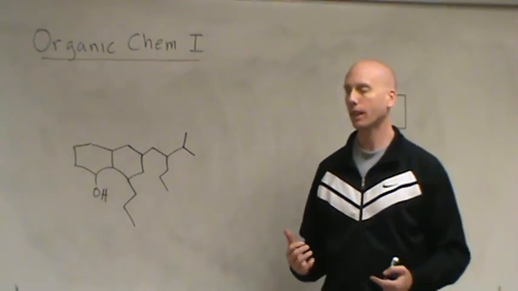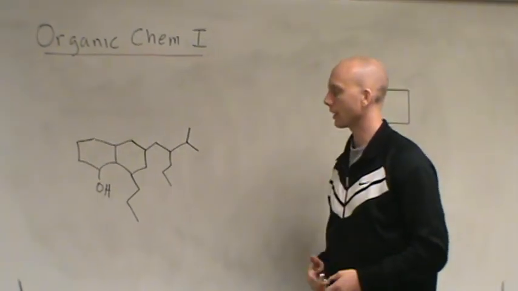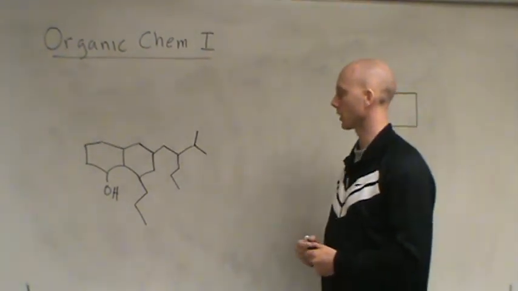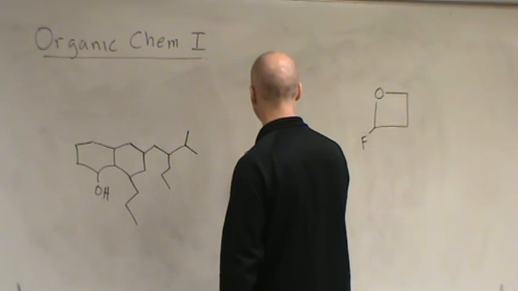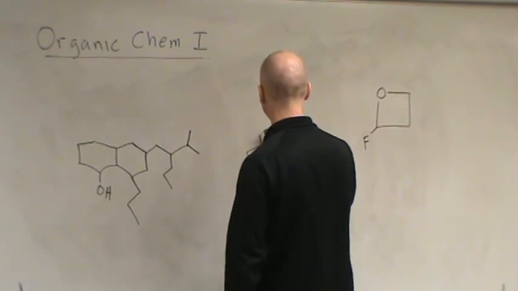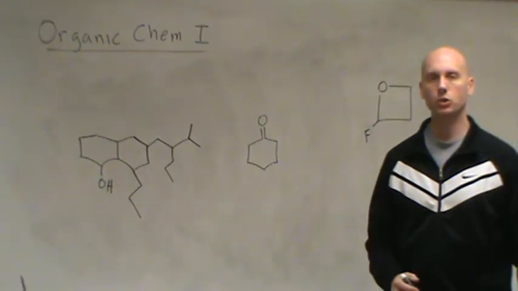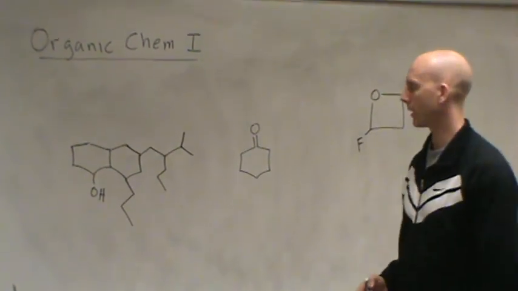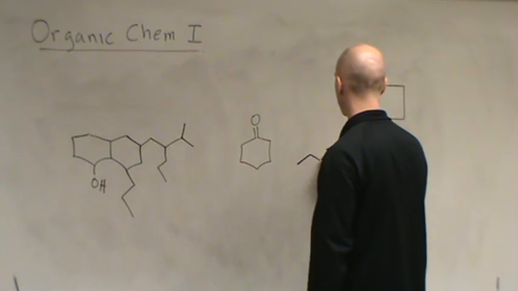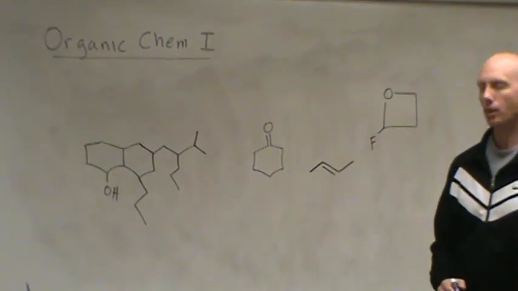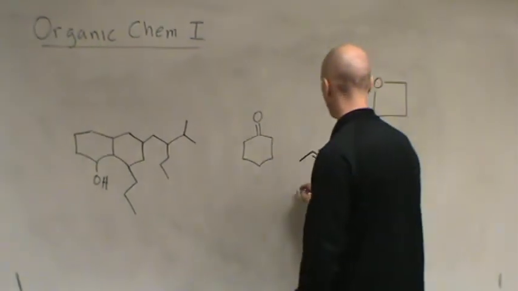Okay? So this is the utility of doing such things. Okay? It makes it a lot easier to draw. You know, even if I have double bonds, I can show those in the molecule. Okay, so you should know what those represent.